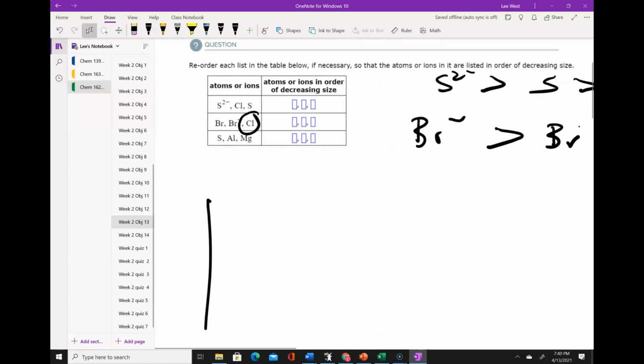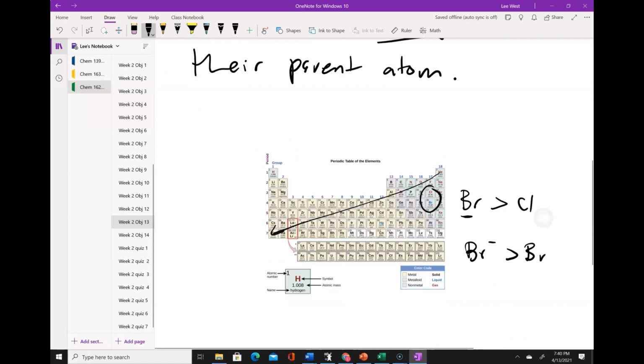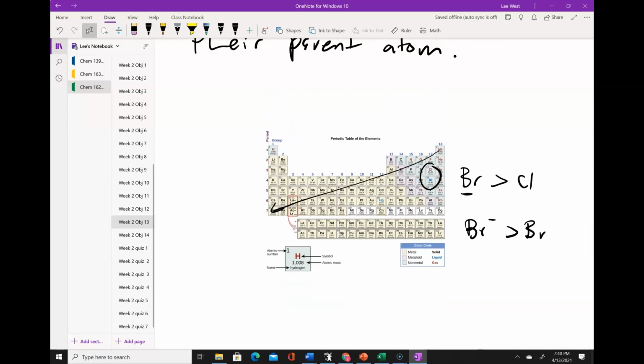All right, the next one is a little simpler because there are no anions or cations or anything like that. We've just got sulfur, aluminum, magnesium. So you just got to follow the pattern. Sulfur, aluminum, magnesium. Okay, so as we go this way, things get bigger.